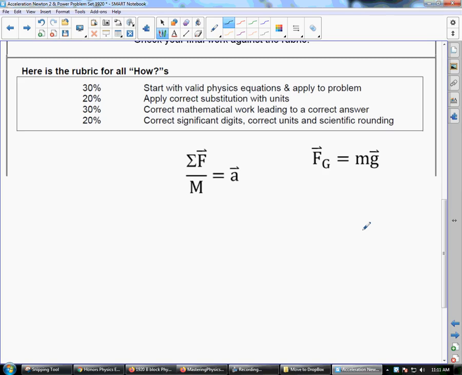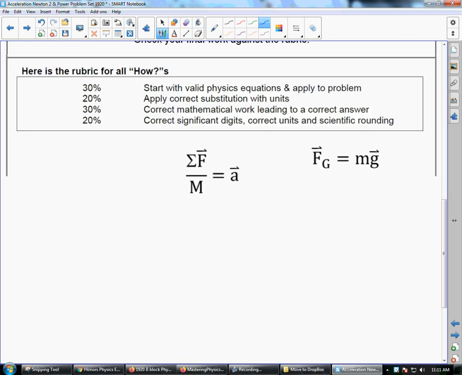So, if I start with Newton's second law, which way do we want to call positive? Up or down? Up. Okay, we're going to call up positive.